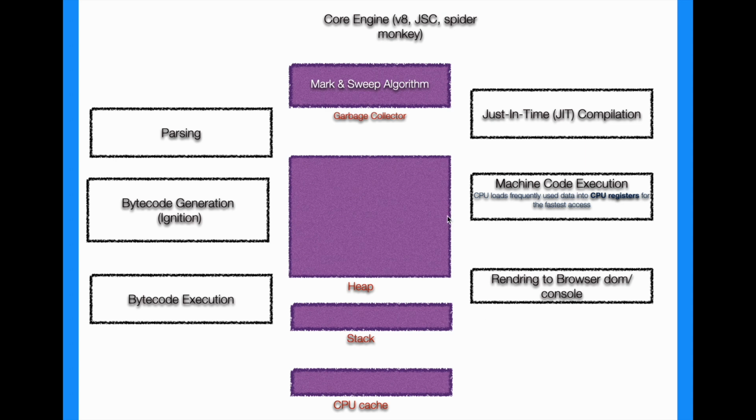I would suggest you just remember these terminologies, then we will see the whole flow from loading a JavaScript file to printing it on the console or on the browser. So you need to keep all these terminologies in your mind, like parsing, bytecode generation, then bytecode execution, then compilation, like just-in-time compilation, then machine code execution, and finally rendering to the browser DOM, BOM, and the console.